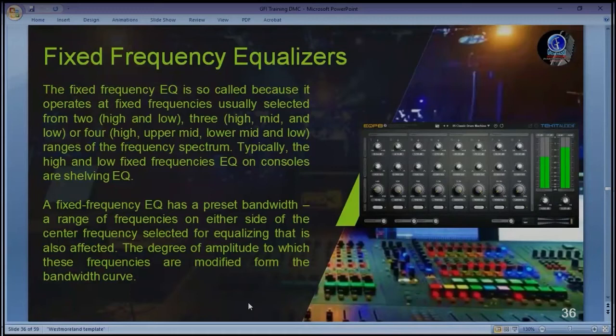Typically, the high and the low fixed frequency EQ on a console are shelving EQ.